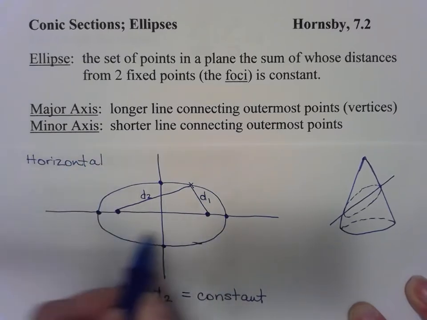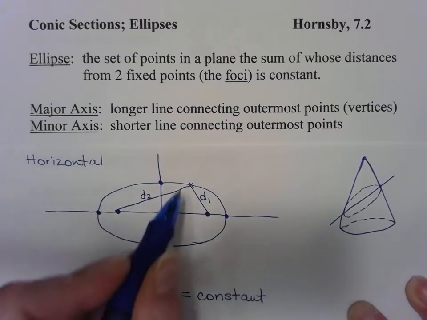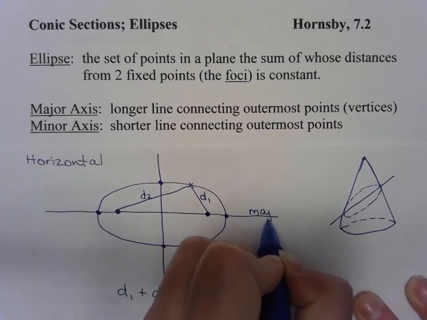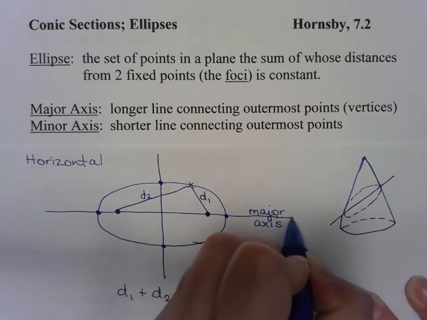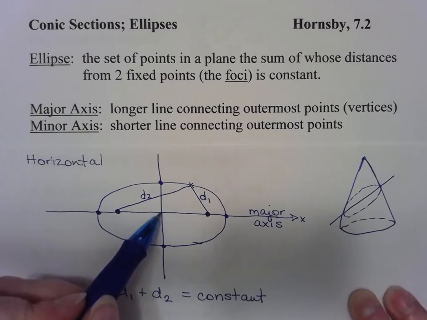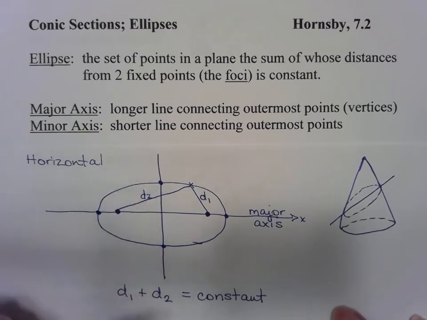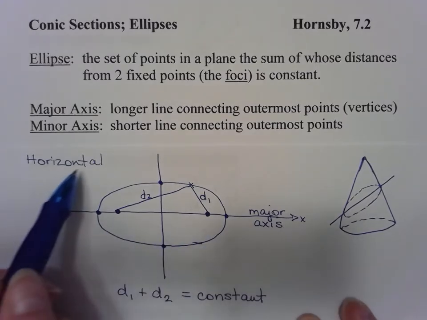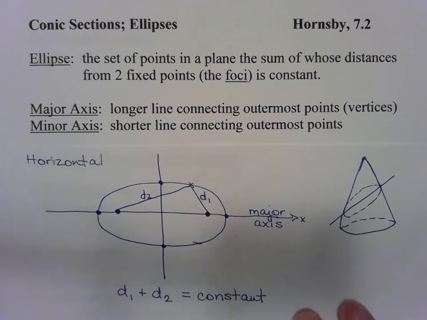It's longer horizontally than it is vertically. For this one, the x-axis here is the major axis. It happens to be the x-axis because we're centered at 0, 0. If I shifted it up or down, it wouldn't necessarily be the x-axis, but it would be a horizontal line if the ellipse was horizontal.